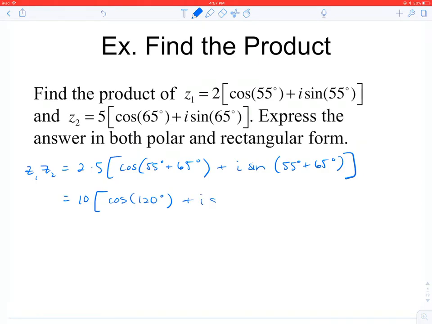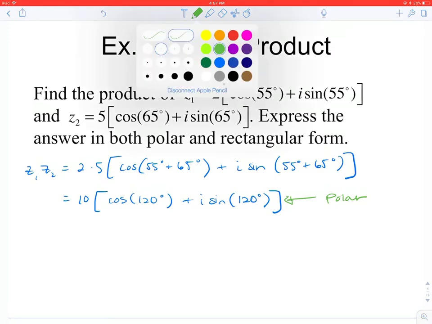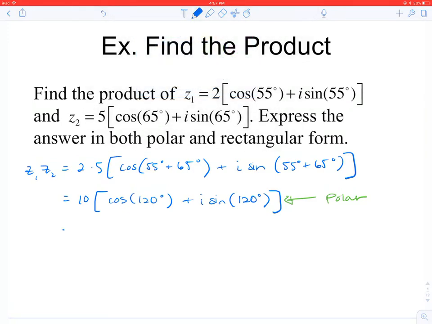So when we simplify, that'll be cosine of 120 degrees plus i sine of 120 degrees. Okay, so this is polar form. But we also want to represent the product in rectangular form.